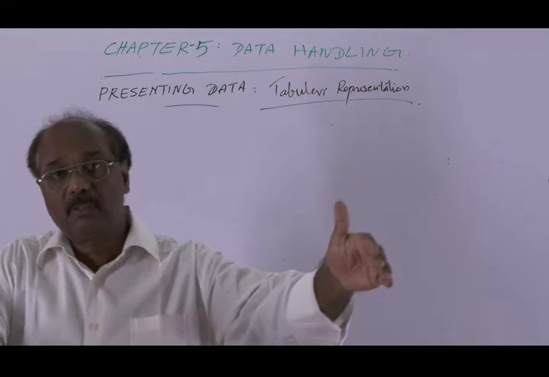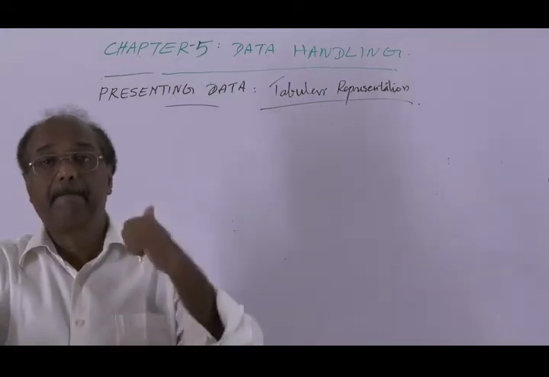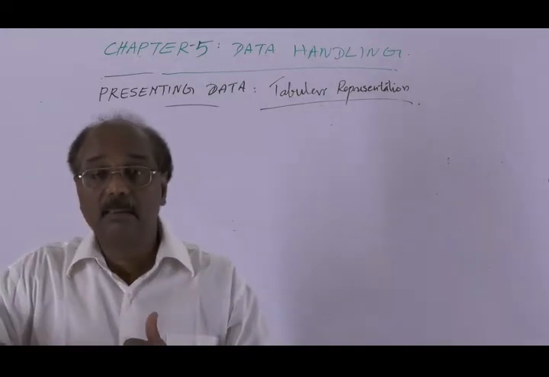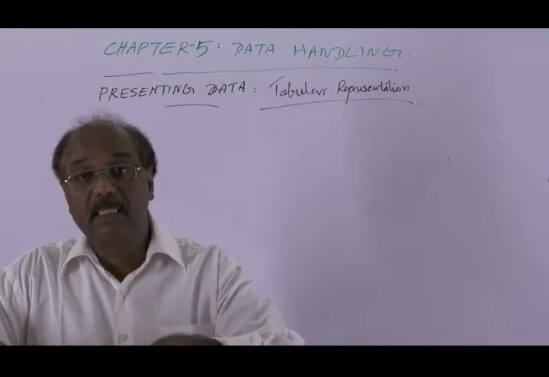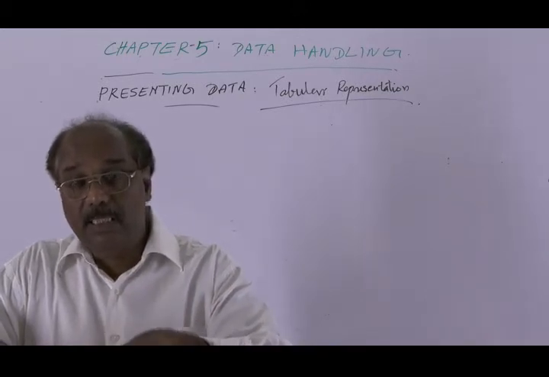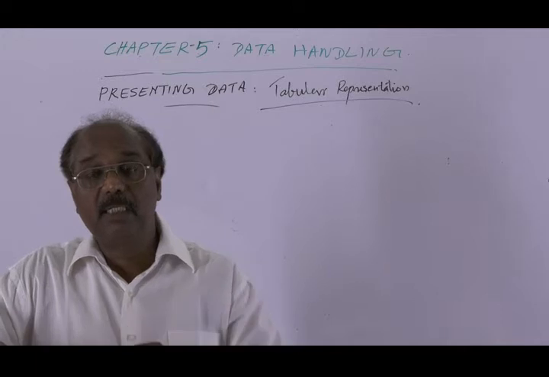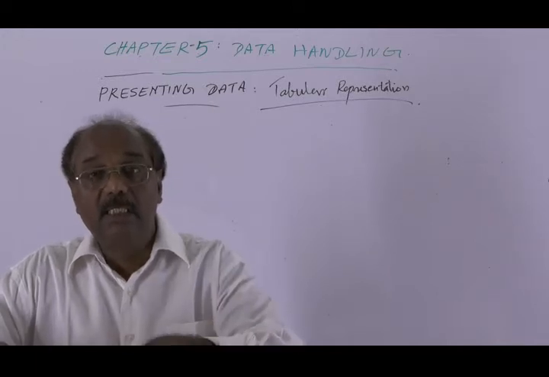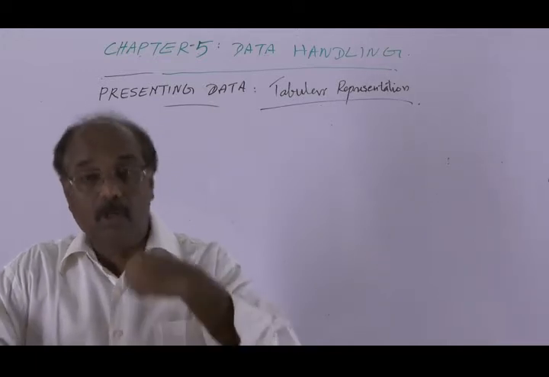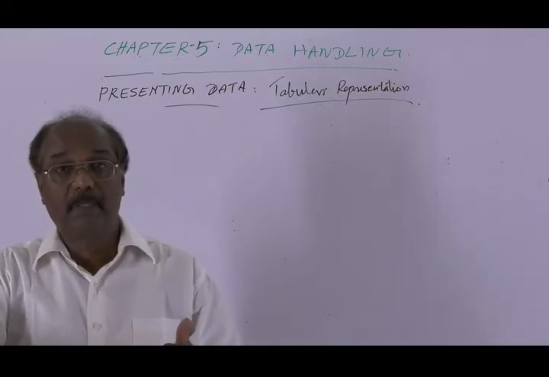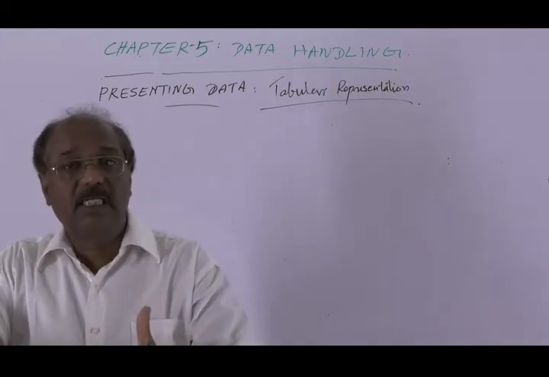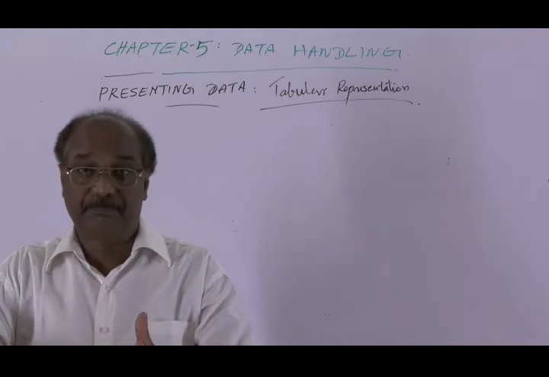Suppose we collect the data, and then the collected data can be represented in a table in the form of rows and columns. So this table can contain 2 columns.